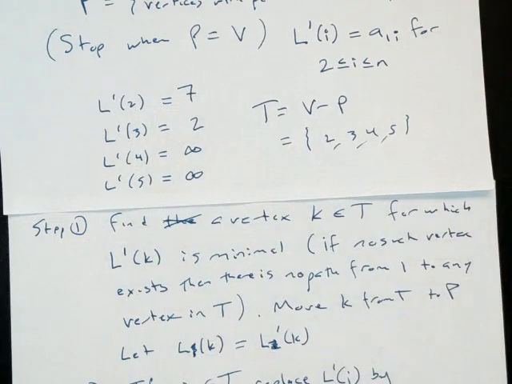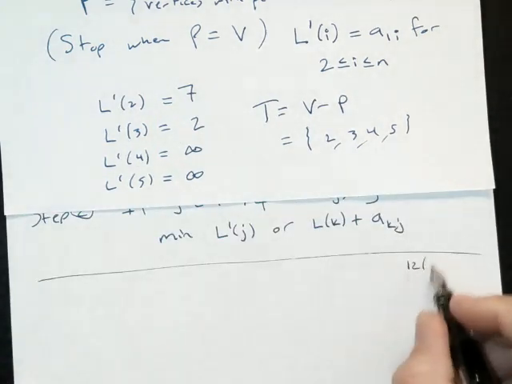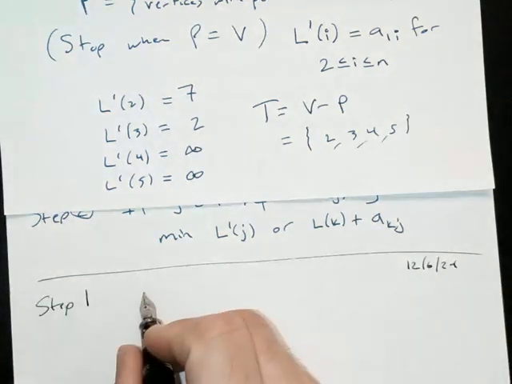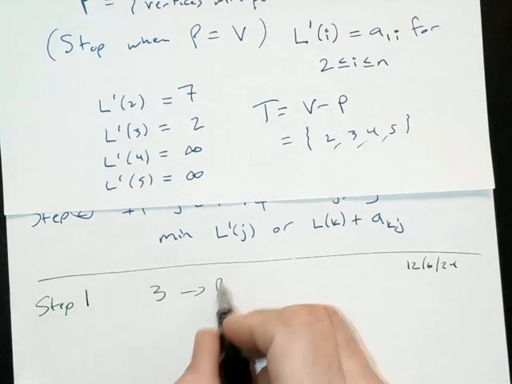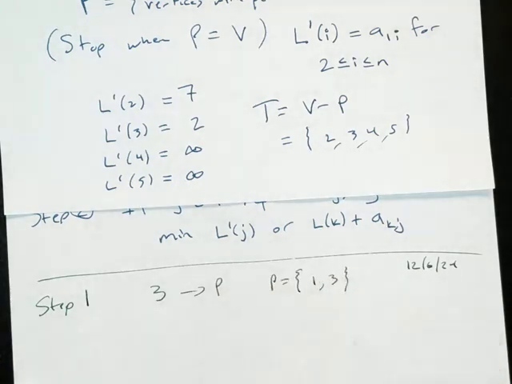So the first thing I do in step 1, I move 3 into the permanent pile. It's got a permanent label on it.